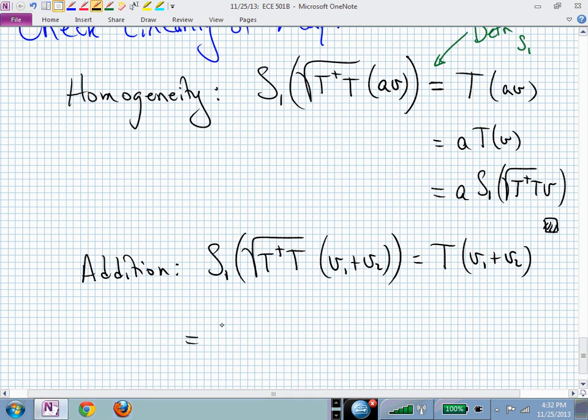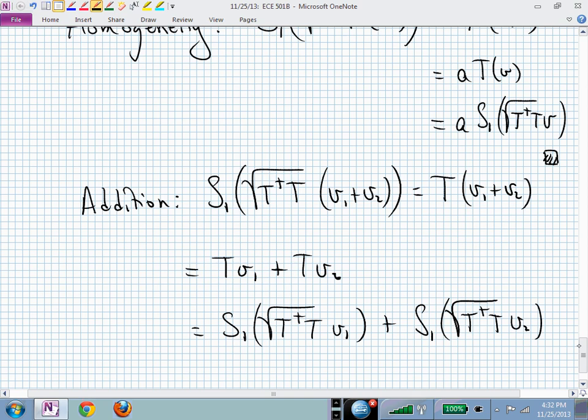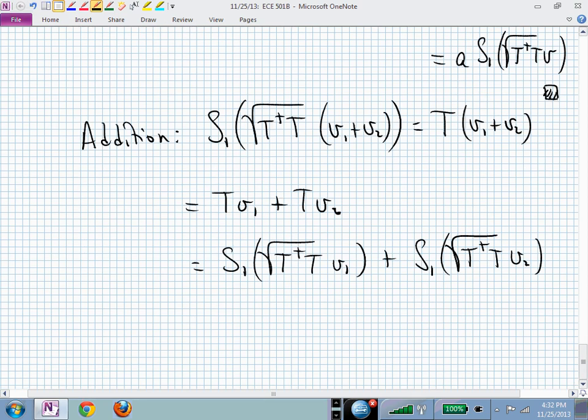But now we have TV1 plus TV2. And again, we can use the definition of S1 in the other way. We now say that is S1 operating on the positive square root of T dagger T V1 plus S1 of the positive square root of T dagger T V2. And that's now showing the addition property of S1.